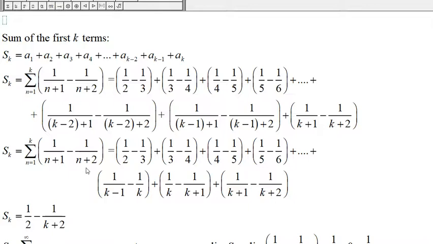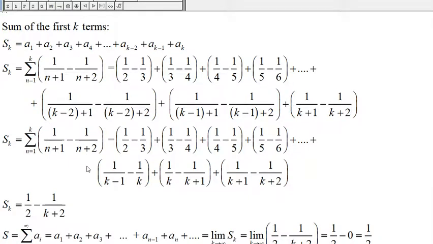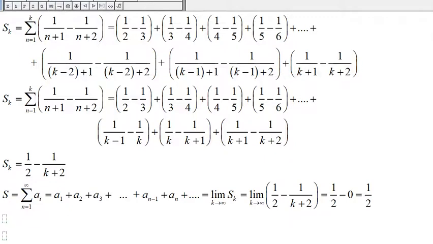And so this infinite series is the same as the limit of S sub k as k runs to infinity. As k runs to infinity, the limit of the constant 1/2 is just 1/2, and this term will go to 0. So we have 1/2 minus 0, which is 1/2.